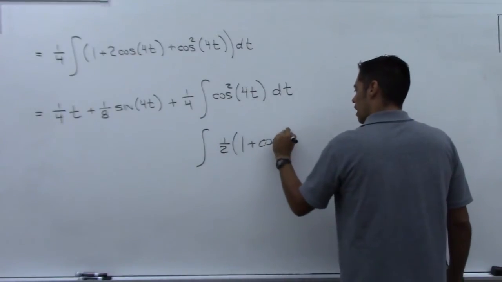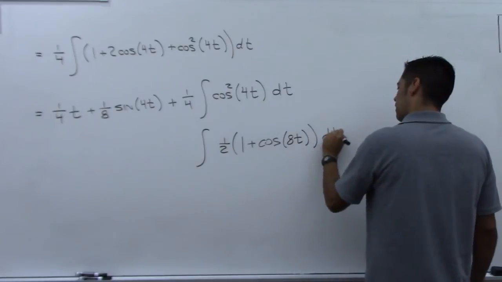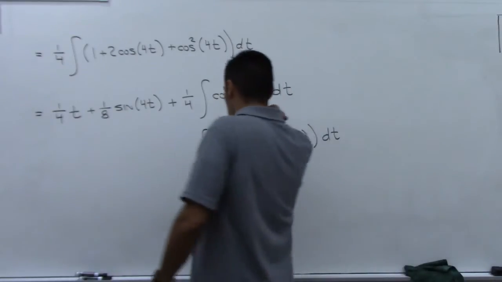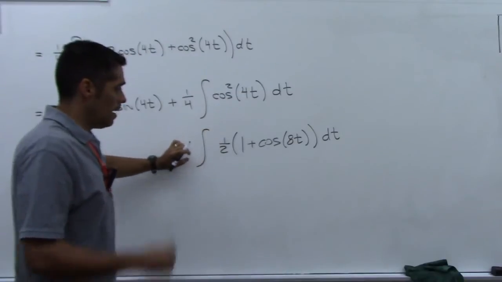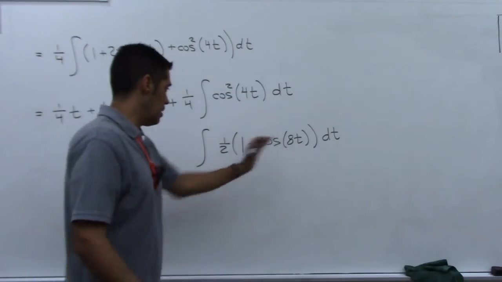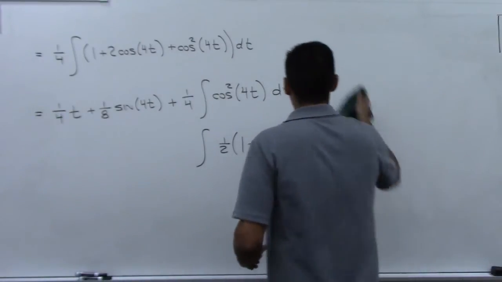Doubling that angle, I now have 8t dt. And the good thing here is I can pull the 1/2 out. It'll join up with this 1/4. And then I can integrate those term by term.